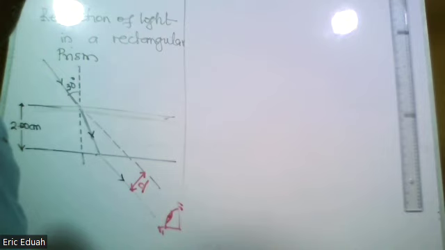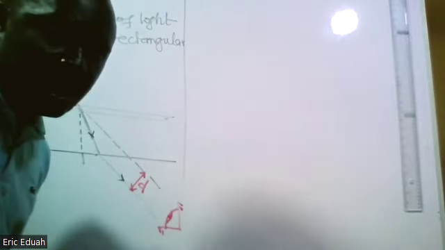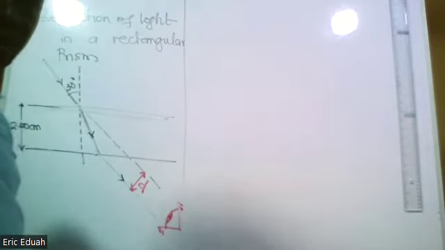What did you make for d? 0.4 centimeters. Yes, sir. Josephine, what about you? Please, I had 0.388 centimeters. What did you also make for d? Please, I had 0.38 centimeters.